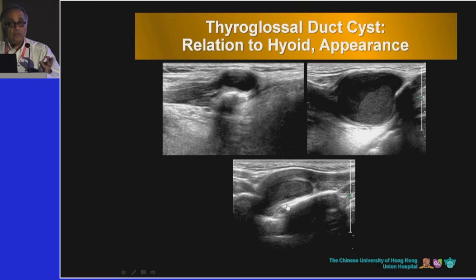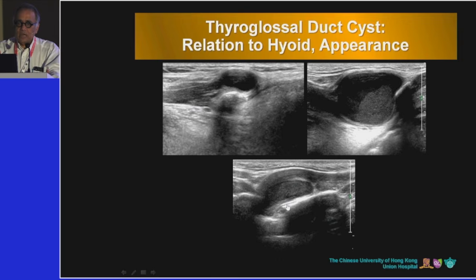One is its relationship to the hyoid bone. Number two, is there normal thyroid present in the thyroid bed? And number three, does this thyroglossal duct cyst have a solid component that might be a papillary carcinoma within a thyroglossal duct cyst? These are the only three things a surgeon wants to know.